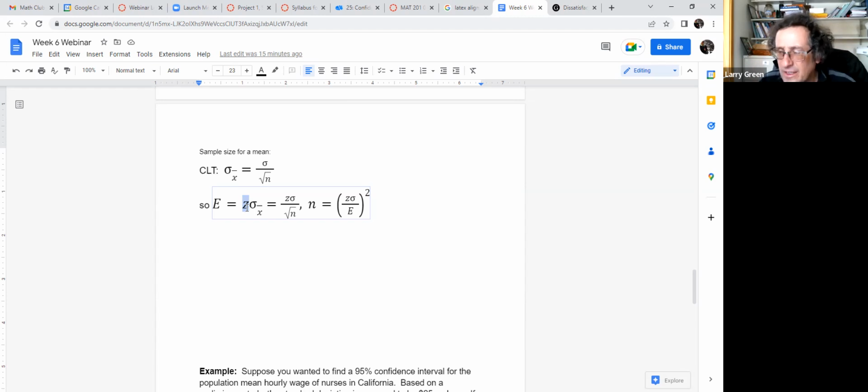Whereas for 99.7%, Z would be around 3. Do you see how that works? You can use the normal distribution calculator if you really wanted to, but I'm not going to.